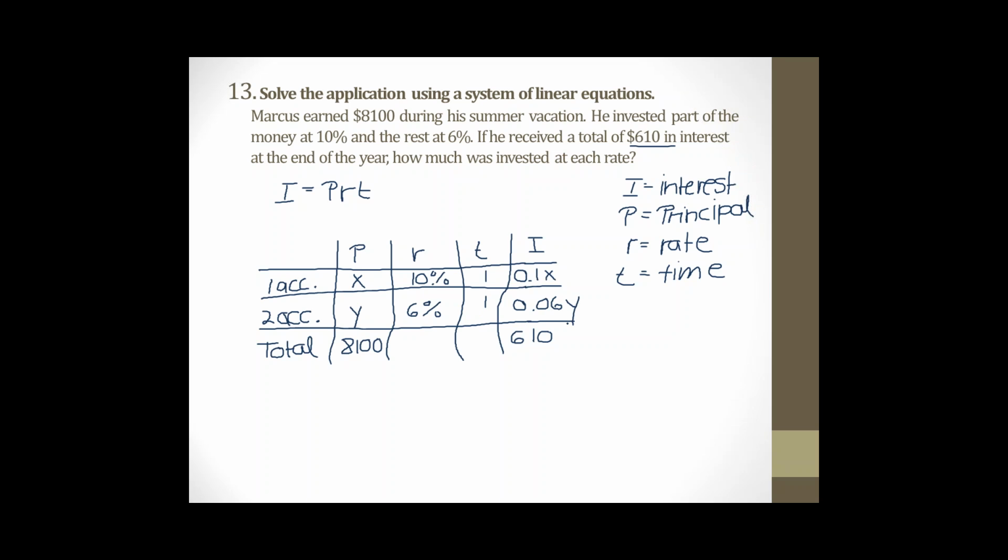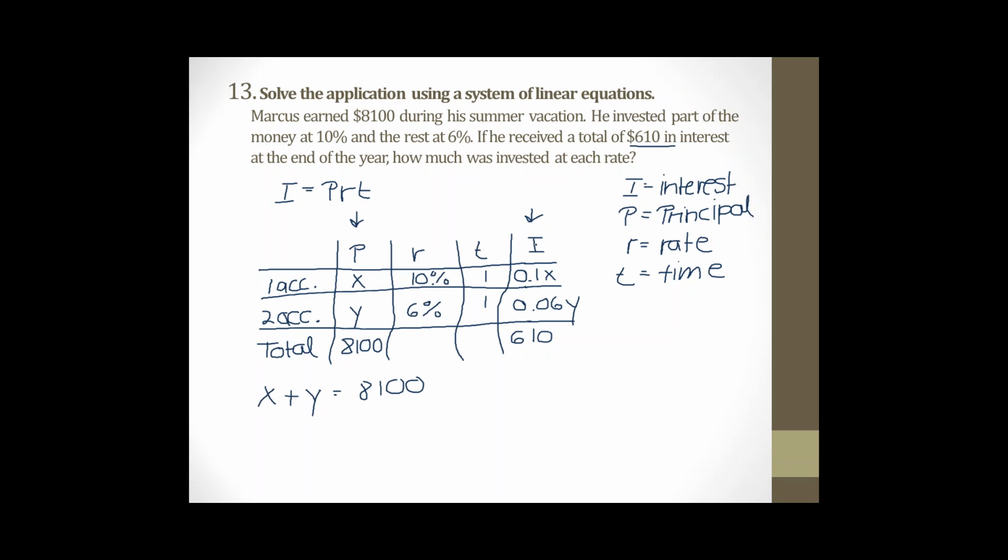0.06y. Okay, as you see now, if I'm looking at this, which is totally filled out, I have two equations, because if I take the first account principal and I add the second account principal, I will get my total, one equation. So x plus y equals 8,100.